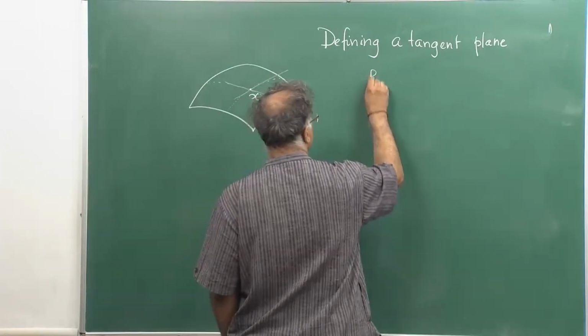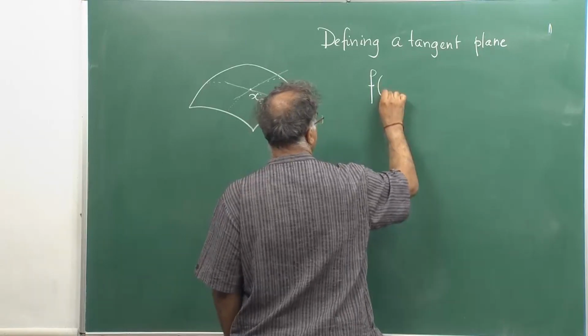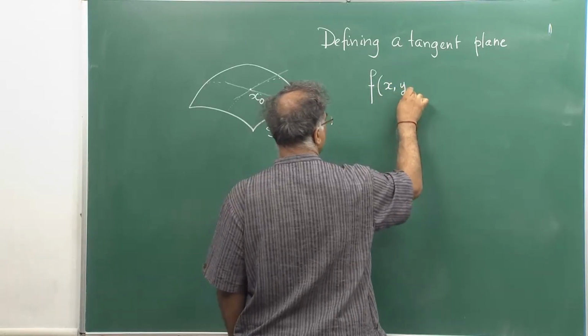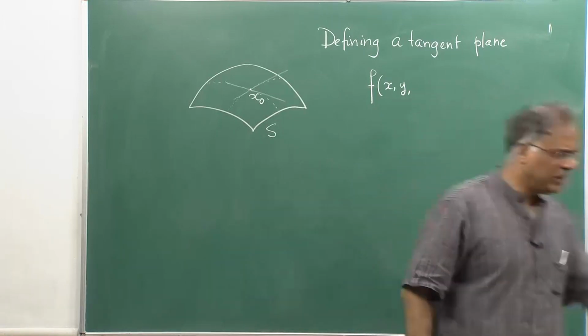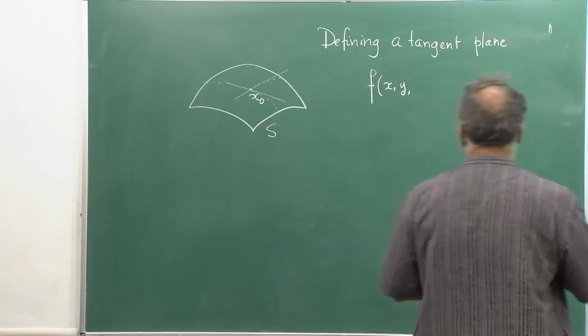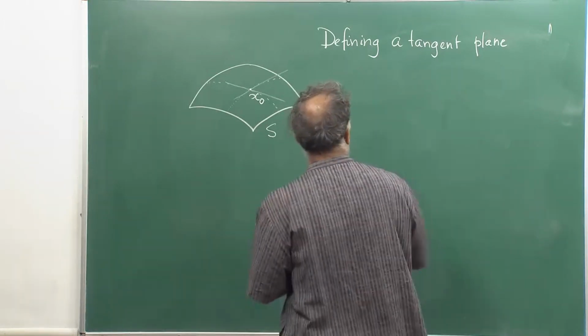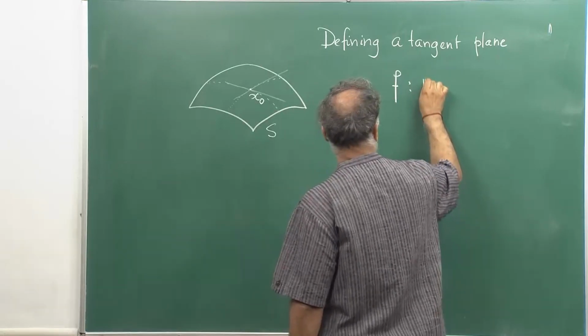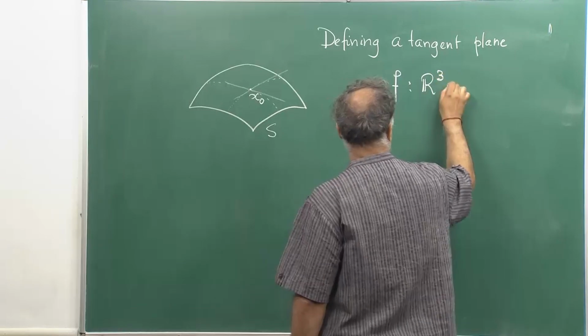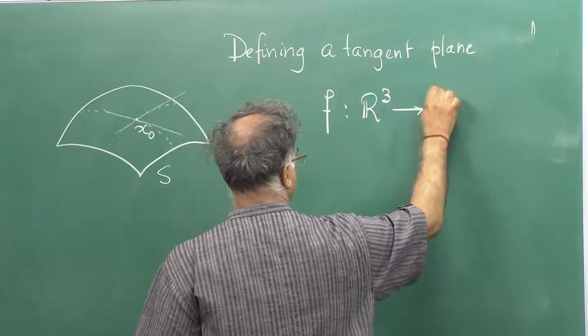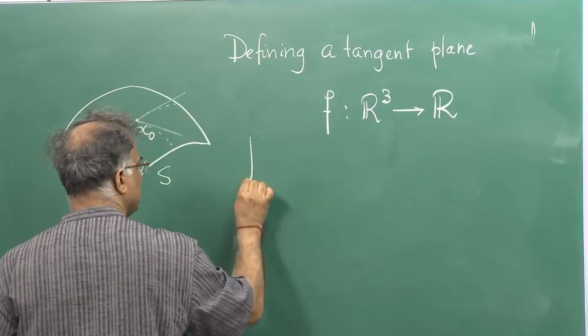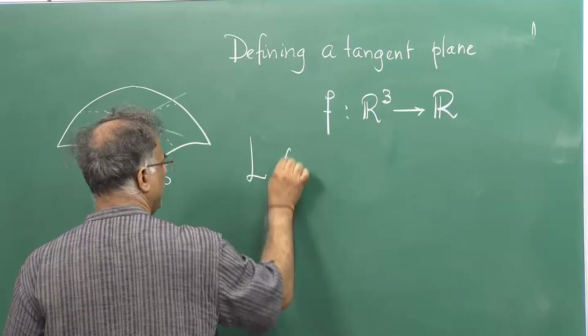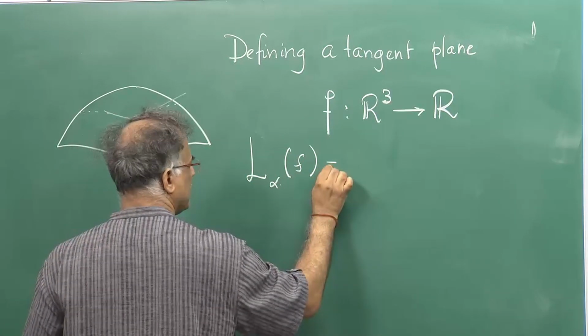So, basically, consider a function f from R3 to R, and consider the level surface alpha of f. The level surface.